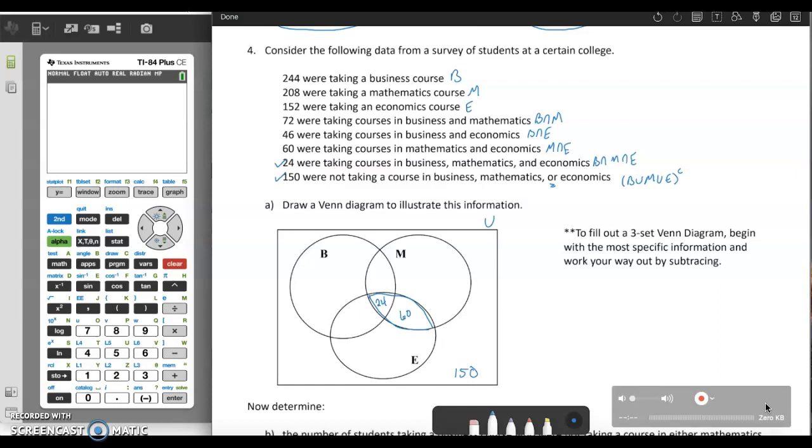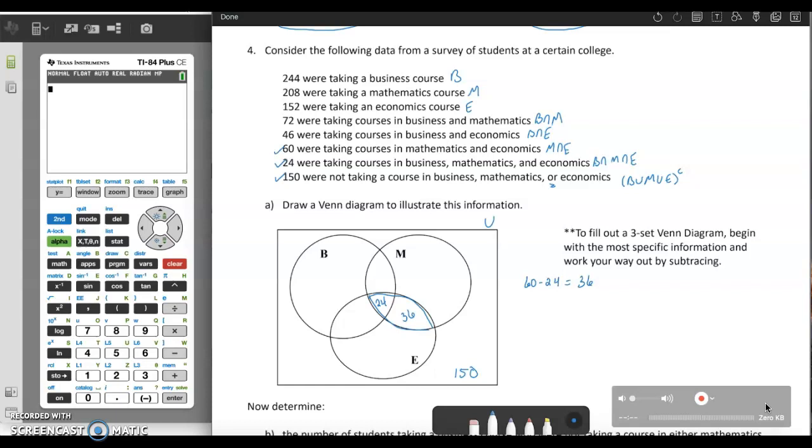There's already 24 students in there, so I can't do that. So here's where the subtraction comes in. We need to say there's 60 total students in there, subtract, we already have 24 accounted for. So there are actually 36 students in this next slice.